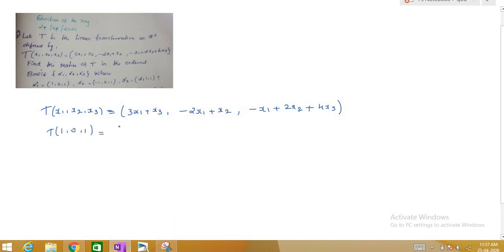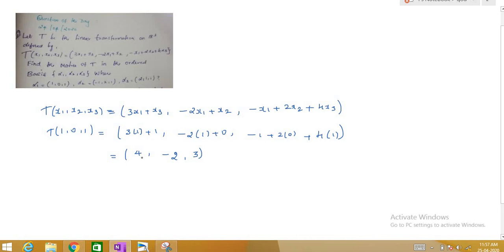I have to replace x1 by 1, x2 by 0 and x3 by 1. So we will have 3 into 1 plus 1, minus 2 into 1 plus 0, and minus x1 is minus 1, plus 2 times x2 which is 0, and 4 times x3 which is 1. So you can see this is nothing but 4, this is minus 2, and this will be minus 1 plus 4, which is 3.